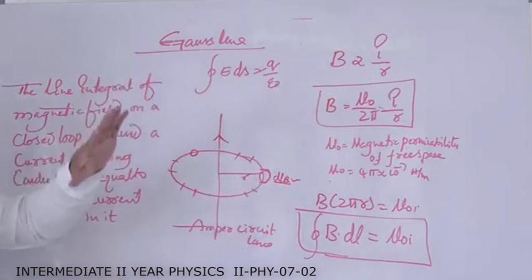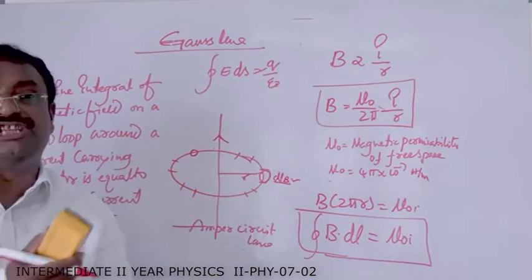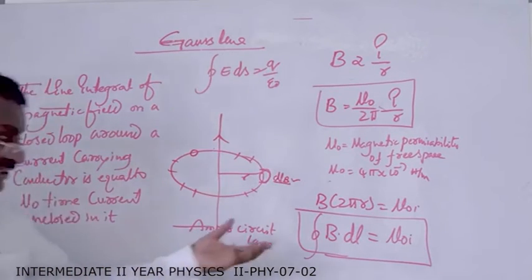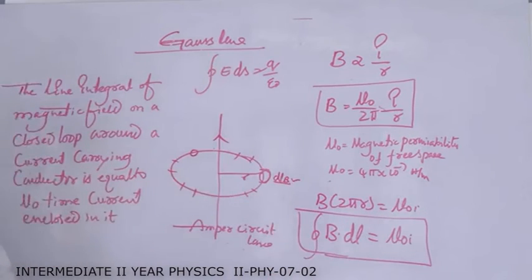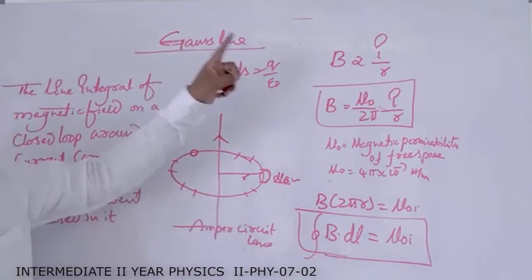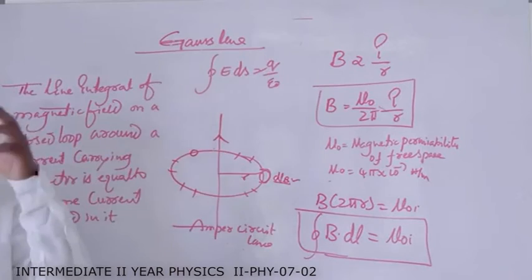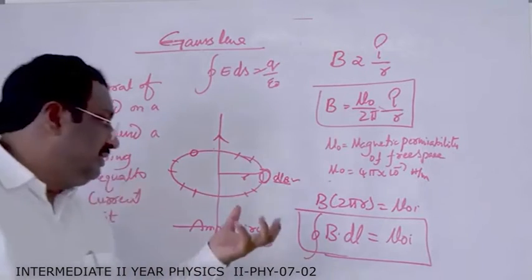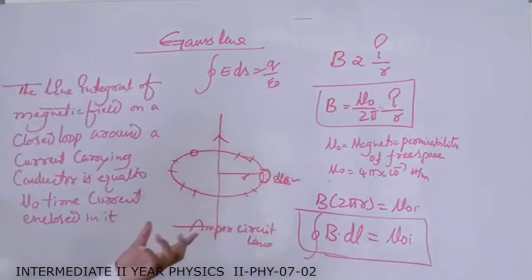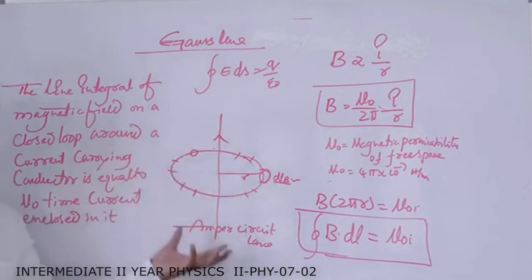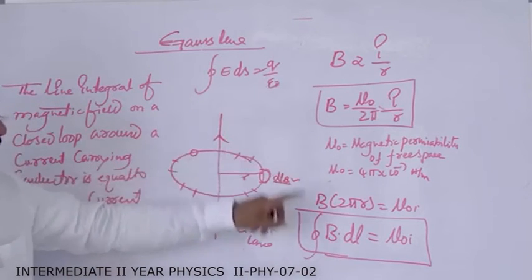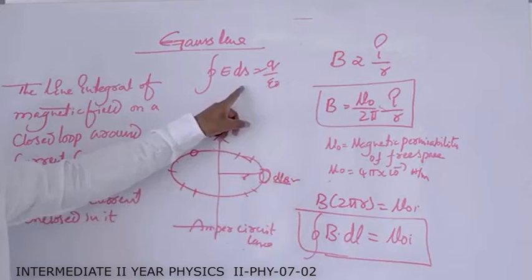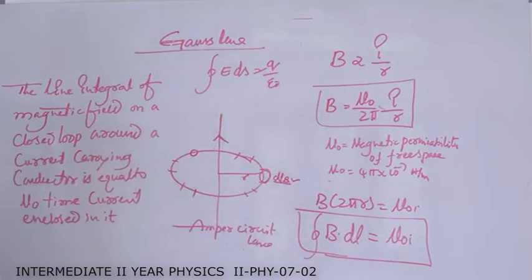In the case of electric field, we are taking closed surfaces, whereas in the case of magnetic field, we are taking closed loops. This closed loop does not arise in the case of electric field. The magnetic field forms closed loops.